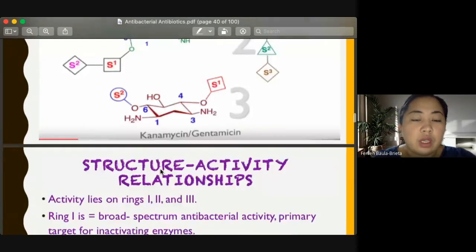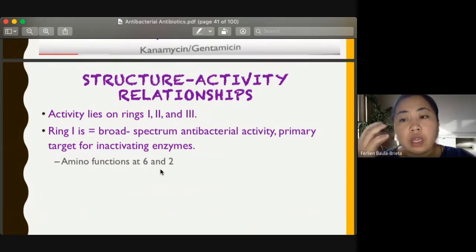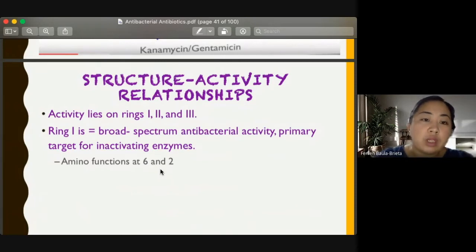Yeah. So let's move forward to the structure-activity relationship of the aminoglycoside on the different rings. So constant, meron tayong 3 rings for all 3 families. So activity lies on rings 1, 2, and 3. So remember that ring 1 is for broad spectrum activity, primarily that is the primary target for inactivating enzyme.